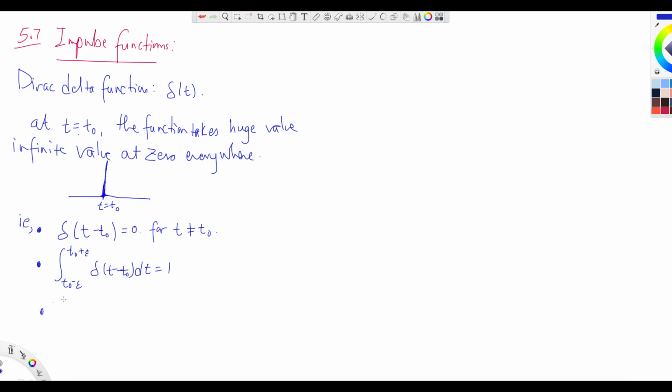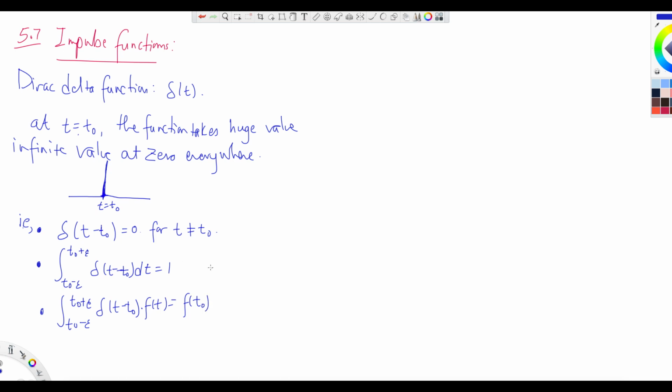And if you have the integral from t0 minus epsilon to t0 plus epsilon of delta(t minus t0) times f(t), that will be just f at t0.